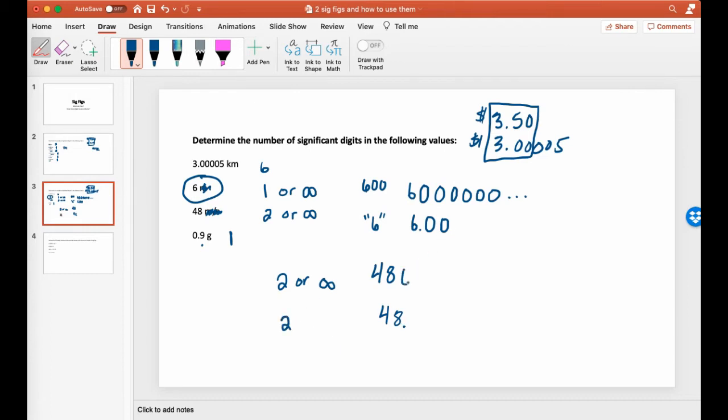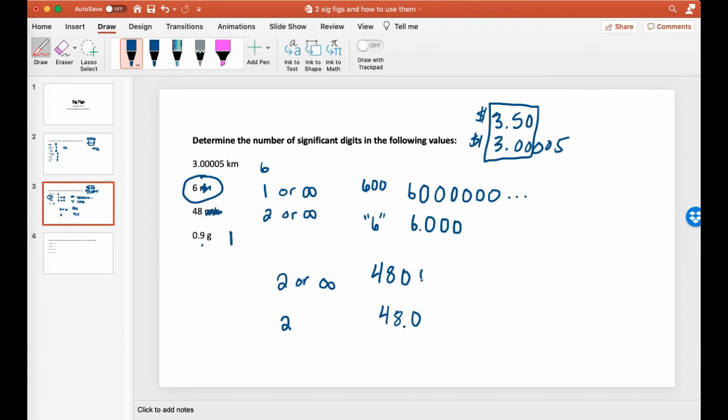If I add a 0 to this, the value of this becomes 480. If I add a 0 to this, the value of this is still 48. This now has 3 sig figs, but the value is 48. Just like up here, this is still a value of 6, but this number right here, 6.00, has 3 significant digits. If I were to add another one to this one, that's 4 significant digits. 1, 2, 3, 4. But it's still a value of 6.